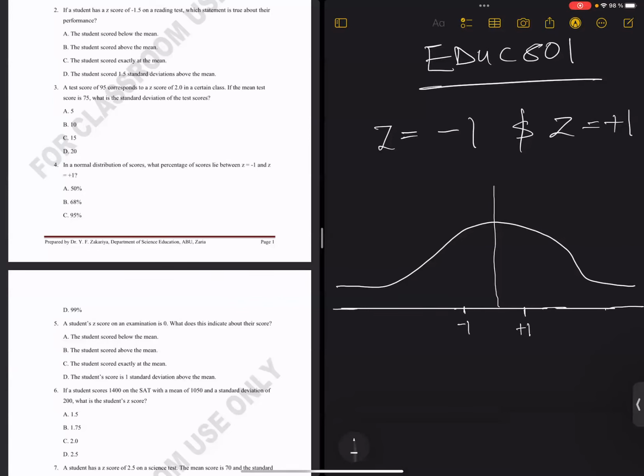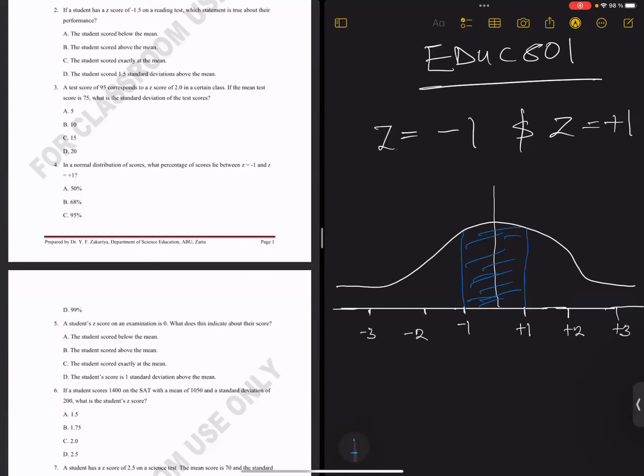Then we also have -2 and +2 standard deviations, and -3 and +3 standard deviations from the mean. So at the midpoint of the distribution, the mean is 0 and the standard deviation is 1. So 1 standard deviation above the mean, this area under the curve is what we should look for.